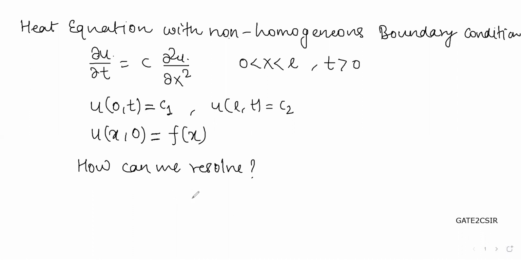So here I go. We'll take the help of a transformation. Let's say the solution is not given by u(x,t) directly, rather it is given by some v(x,t) plus some ax plus some b. Let this be a transformation.